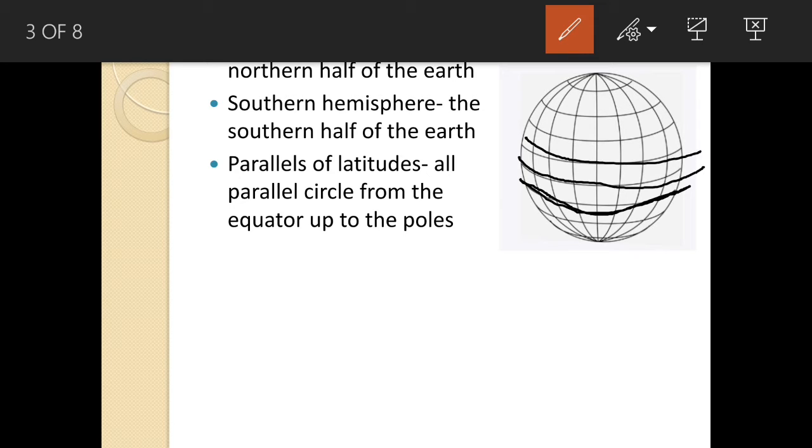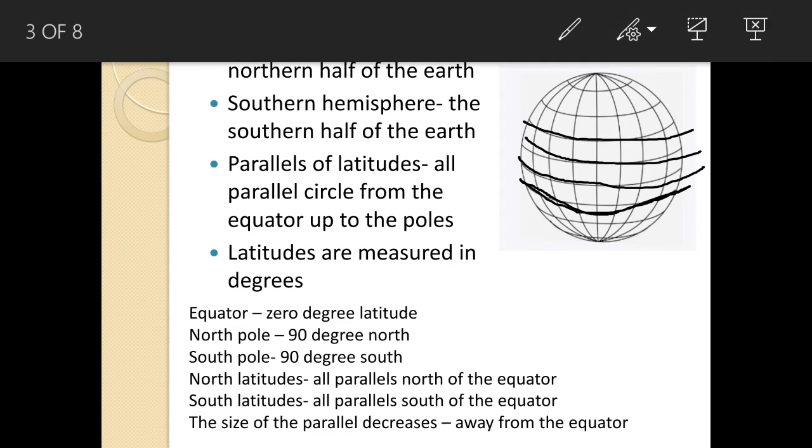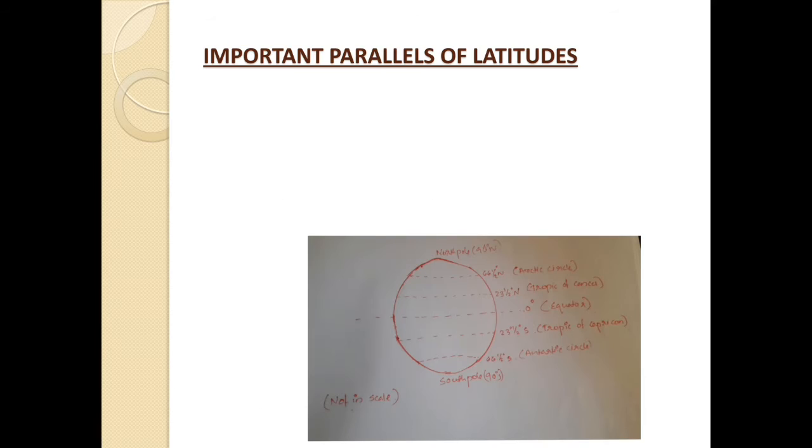All these are parallels of latitudes. These are parallel circles which move from the equator up to the poles, and these are measured in degrees, and the size of the parallel decreases away from the equator.